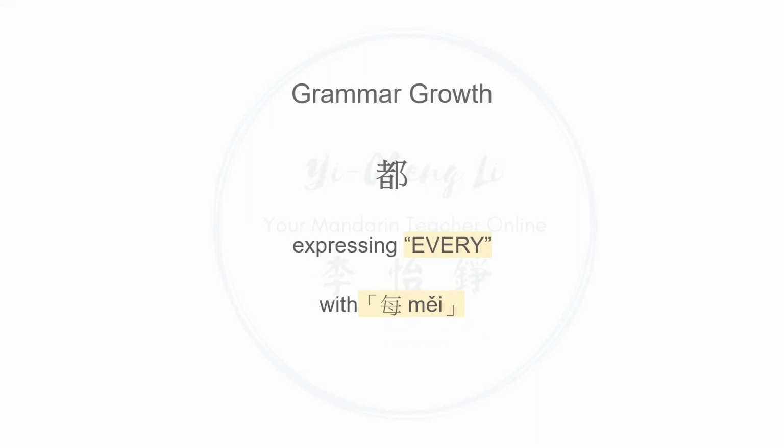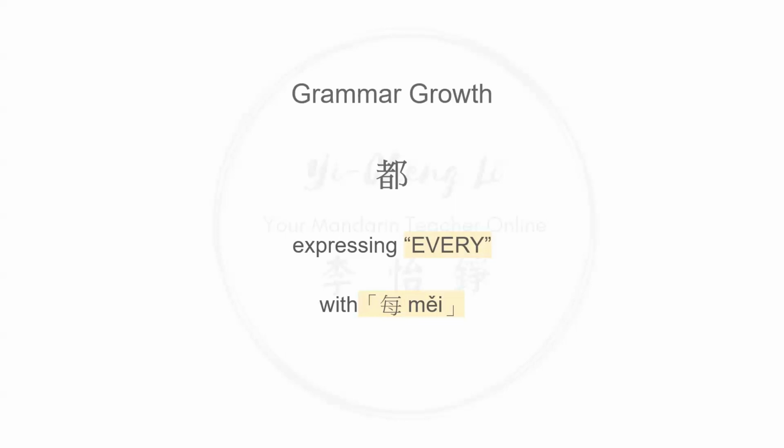Today is part 2 of our dōu character series, in our grammar growth series. This word is very useful and it can be used in many different meanings and sentence structures. It can combine with other characters to form an even more different or complete meaning in a sentence structure.